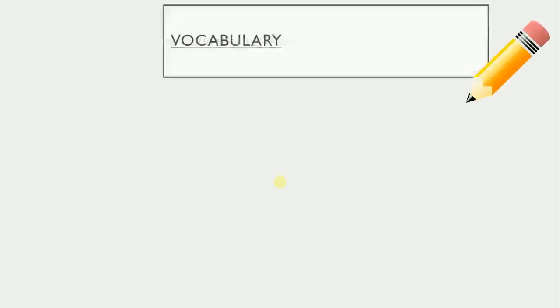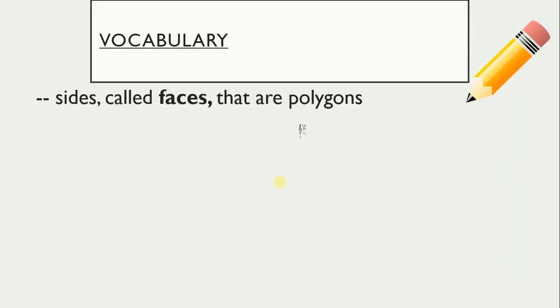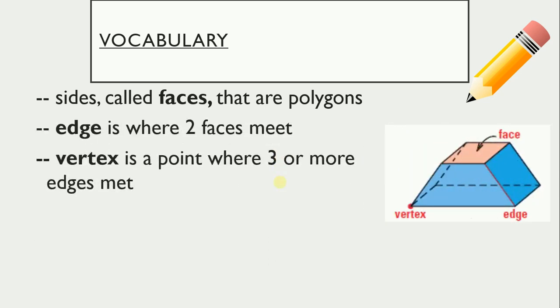Now, we need some vocabulary first. Some vocab about solids. When you're talking about the sides of your solid, those are called faces. Normally they are polygons. So on this diagram here I have 1, 2, 3, 4, 5, 6 faces technically on this solid here.